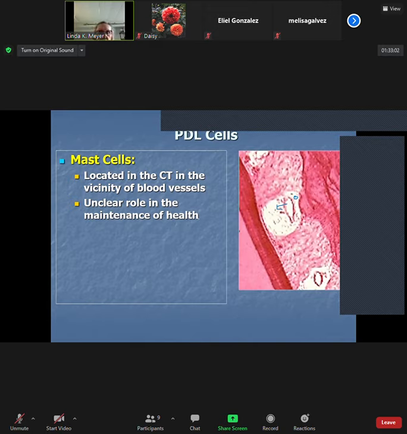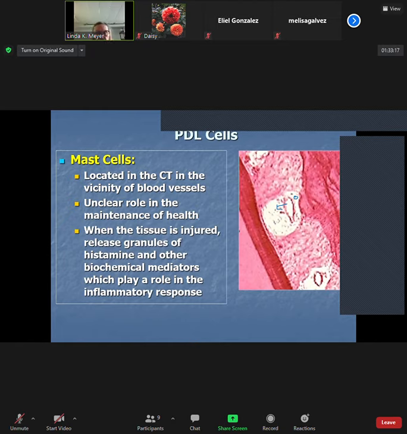And their role in the maintenance of health is not completely understood, but in health, they're not going to release their granules that are found in the cytoplasm. And then we already talked about when they're injured, when the tissue becomes inflamed, these cells release their granules that cause inflammation.